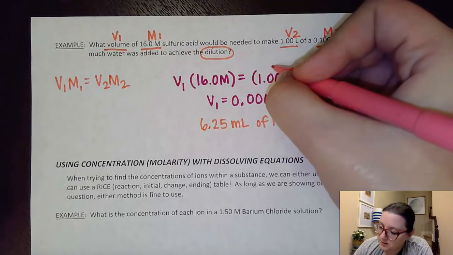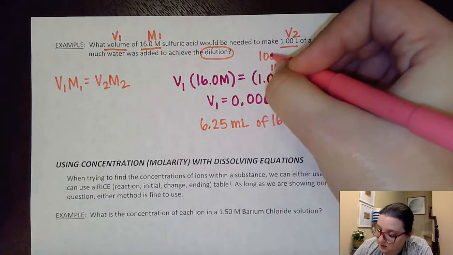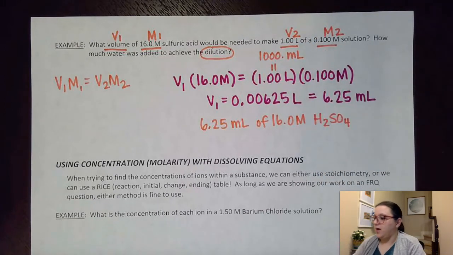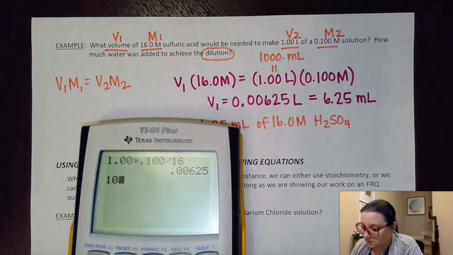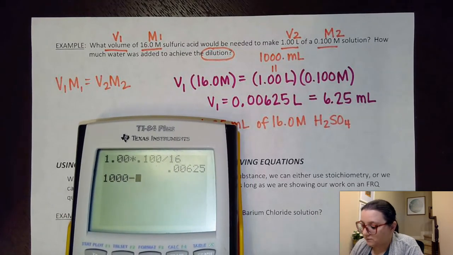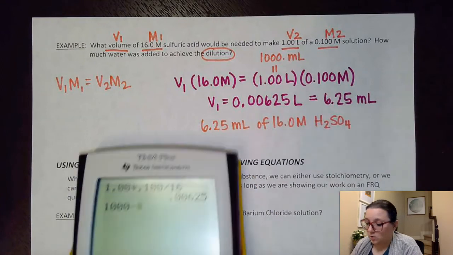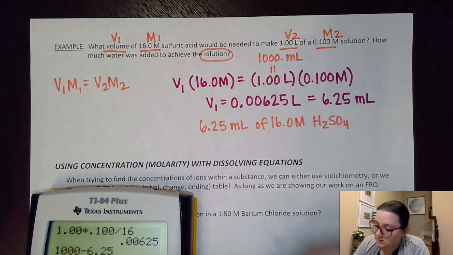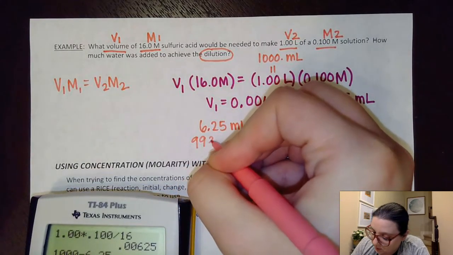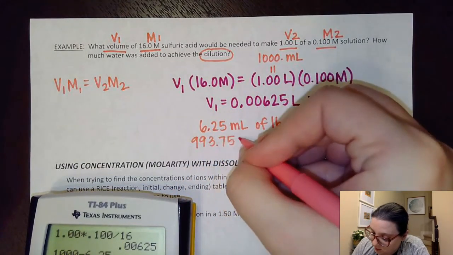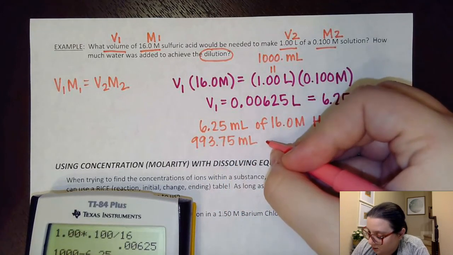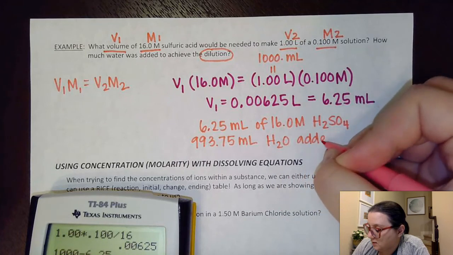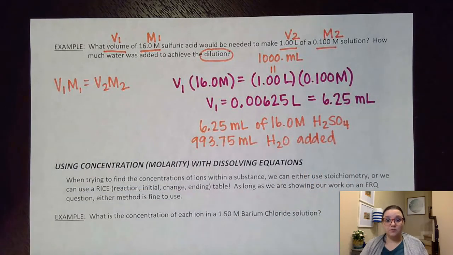Now, 1 liter is the same as 1,000 milliliters. So if I take that 1,000 milliliters and subtract off the 6.25 that I know are going to be that sulfuric acid, then that difference of 993.75 milliliters will be water added to that sulfuric acid.